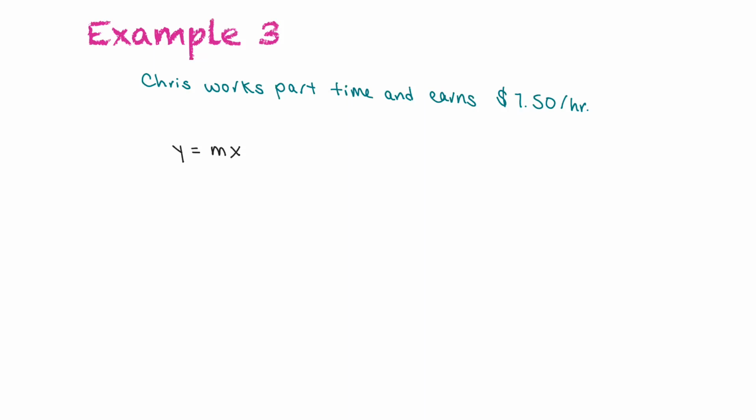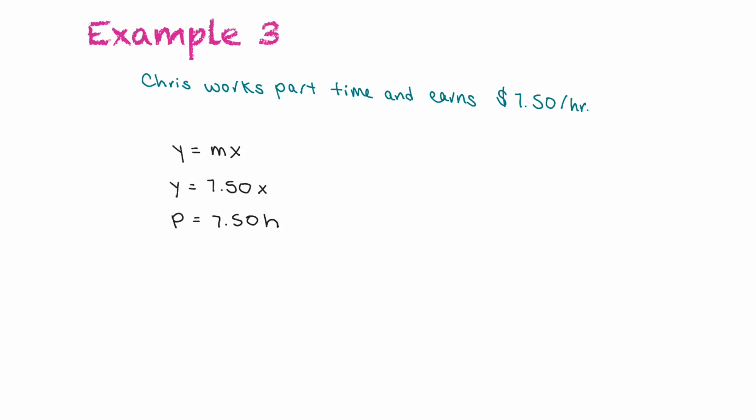So y equals 7.50x. So he's making $7.50 an hour. Another way you could put it, his P equals 7.50 times the hours, that would work too.